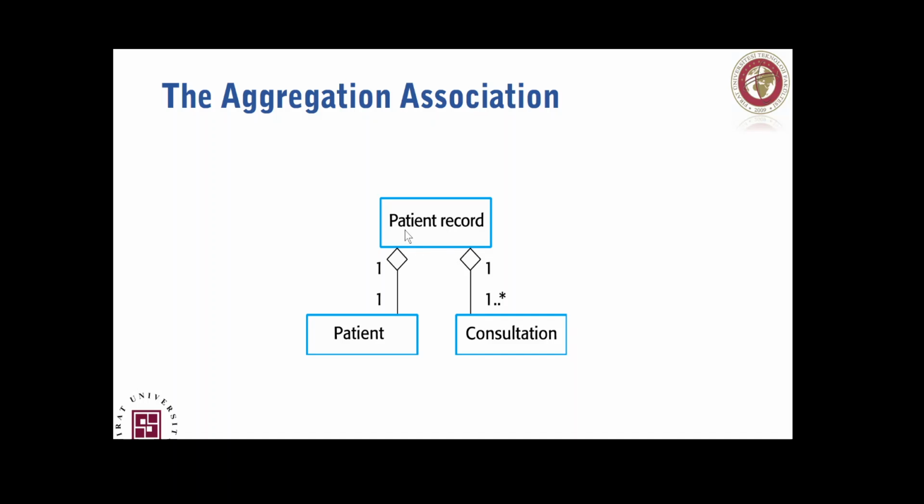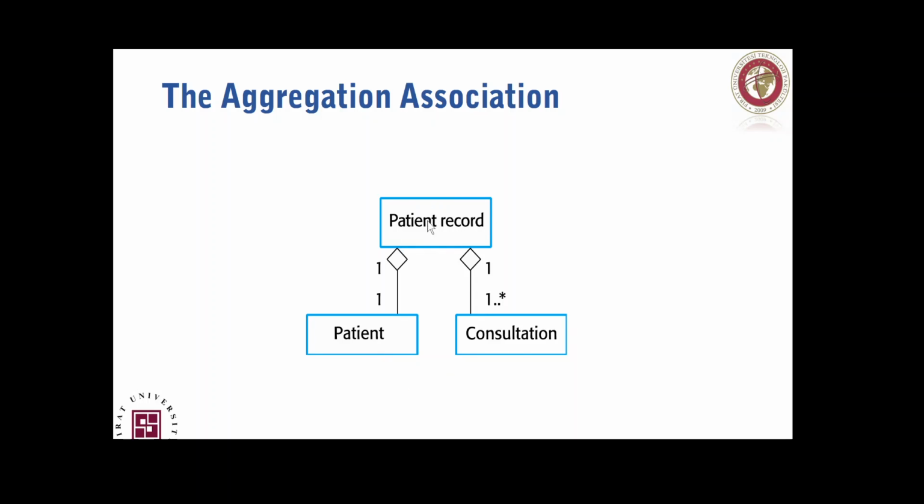Aggregation means what? Patient record may have a patient, which is actually an object by itself, or an instance of an object, it doesn't matter, but for the time being it's an object, and also a consultation. So in the record we may have these two objects. So this is the general type that combines these two classes within it, or is composed of these two.